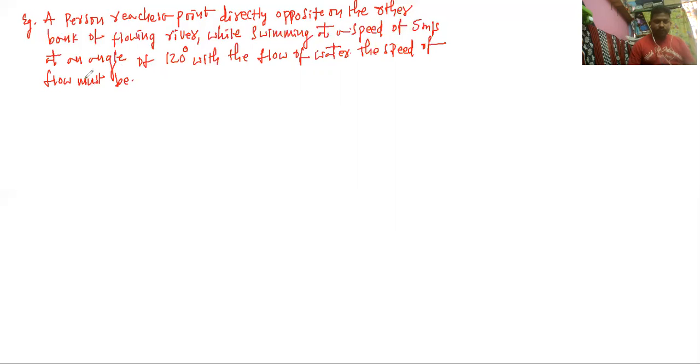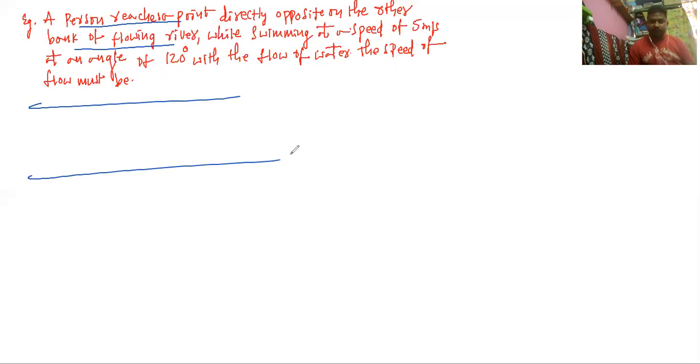Have a look at this question. A person reaches the point directly opposite on the other bank of the flowing water. So this is the rough diagram. Always if you could make the rough diagram, it will be very easy for you to understand this concept. Person is directly reaching here.